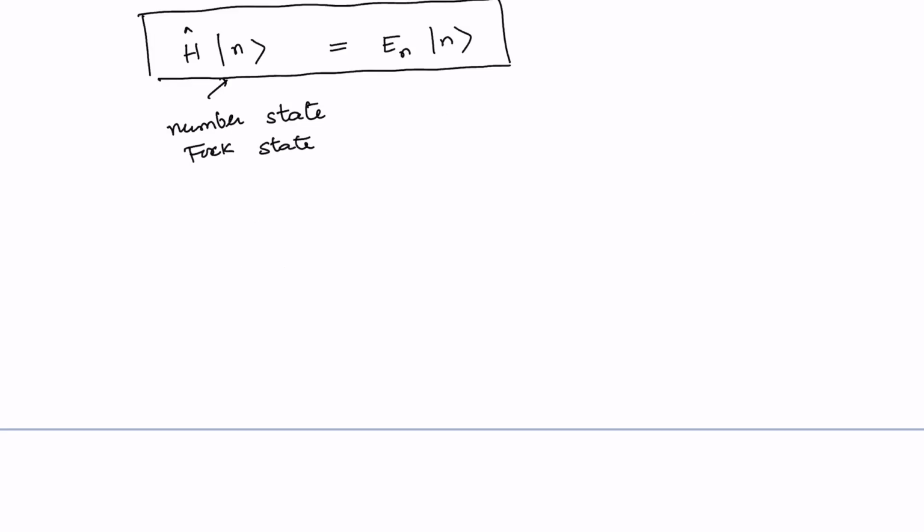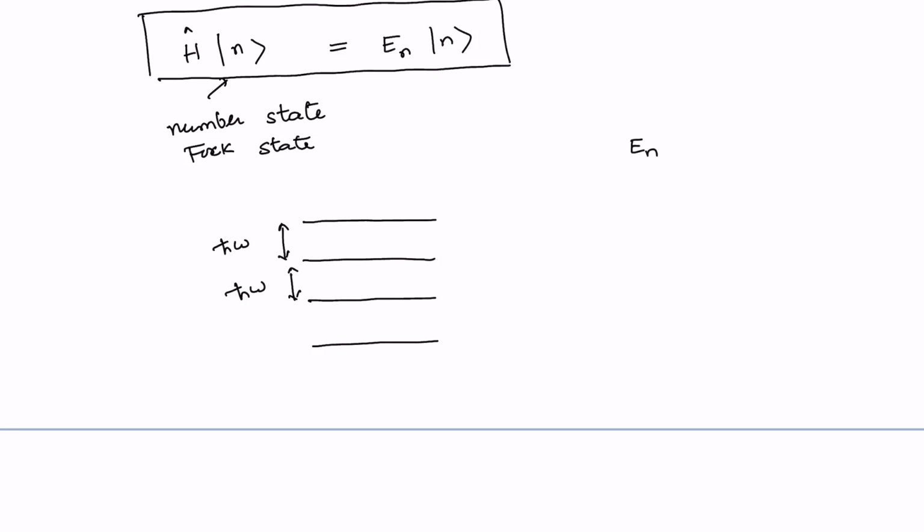One of the most important characteristics of a harmonic oscillator is that its energy levels are equally spaced. That means the difference between adjacent energy levels is always equal. This difference is given by h bar omega, and that is very easy to see from this equation, En is equal to h bar omega times n plus half.